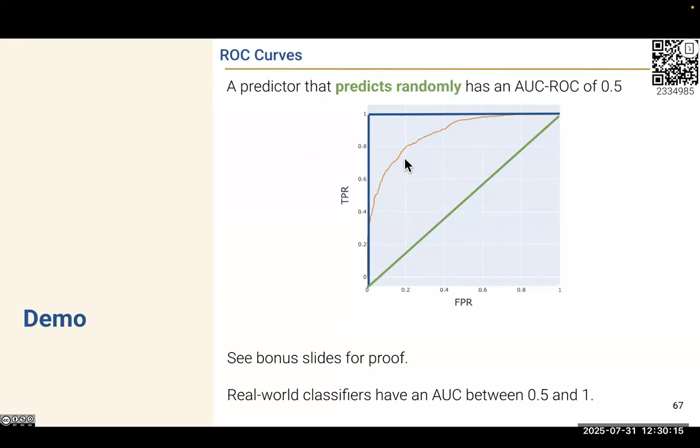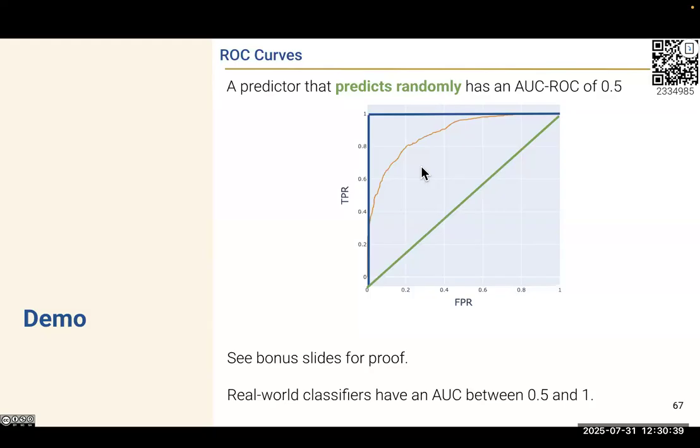So we want to pick a threshold that will maximize true positives while minimizing false positives. On this curve it will be somewhere around here, because if you go lower, your true positive rate will drop, but if you go higher, your false positive rate increases. So probably somewhere around here, but it is subject to experimentation.